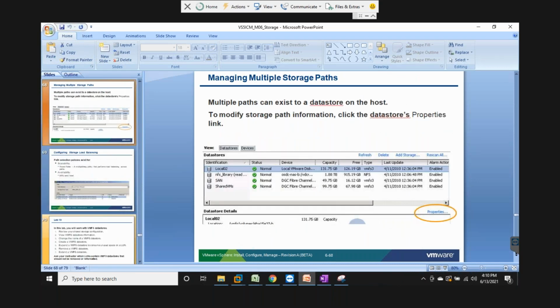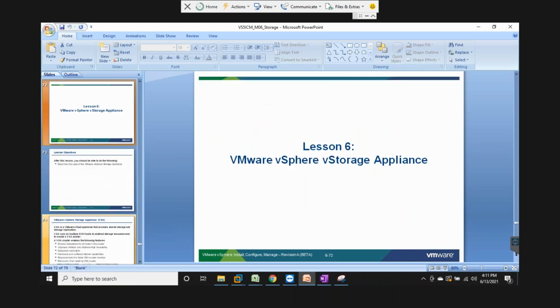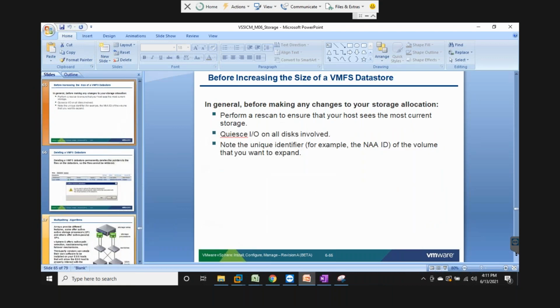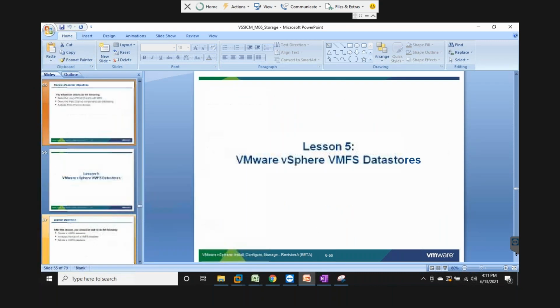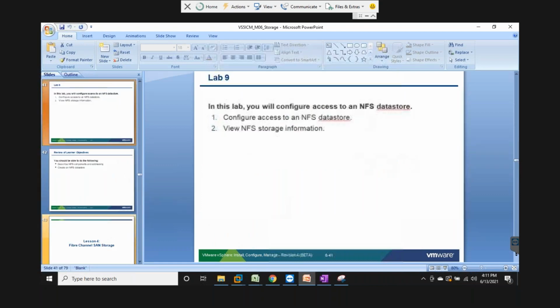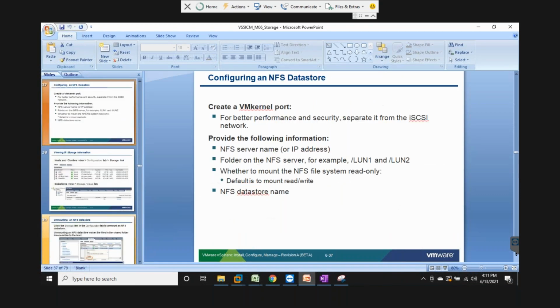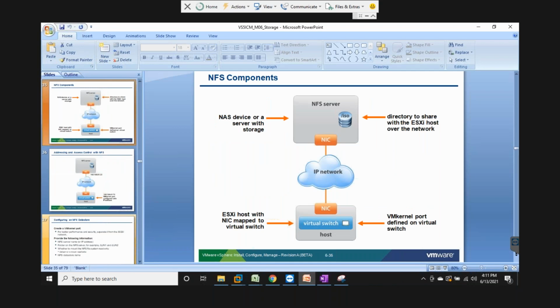So one thing is left out, NFS. One important thing is left out, NFS. Okay, components of NFS. Again, your storage device is replaced with an NFS server.